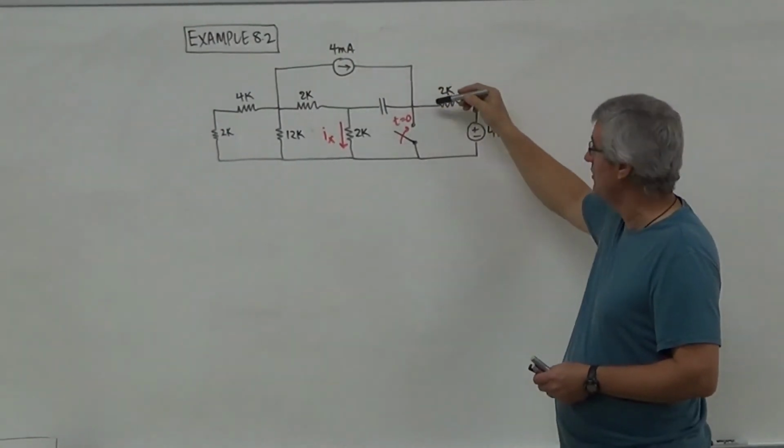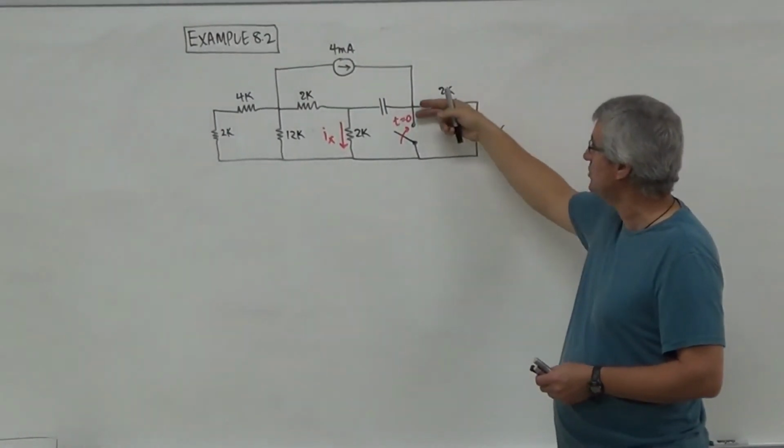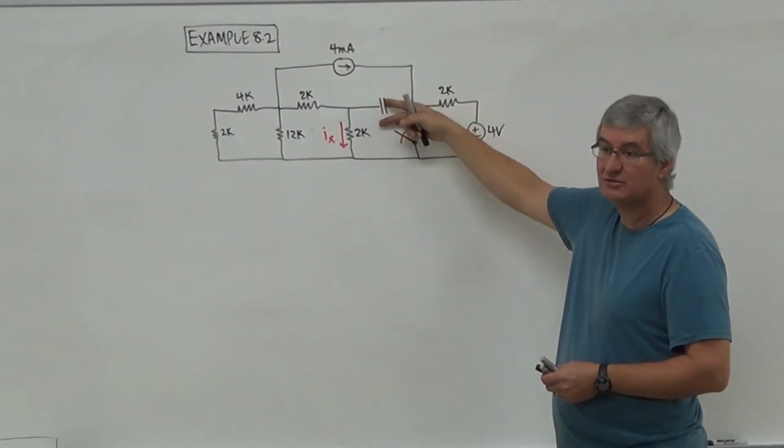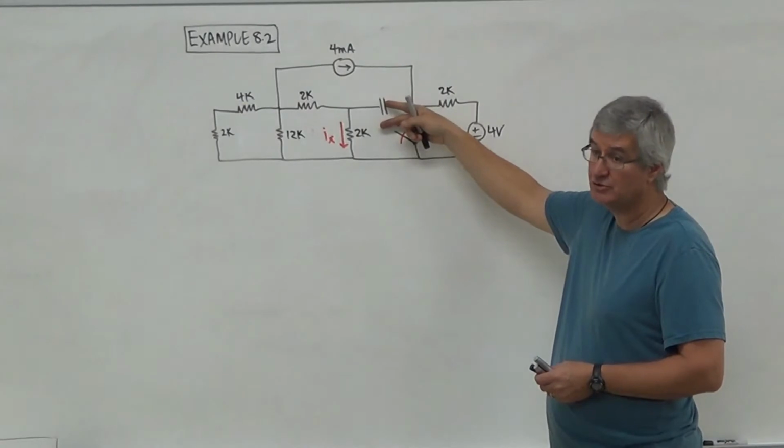And so I don't know the direction of the current, but I would probably guess that the current is coming up this way into that node. So if it's coming into that node, that is definitely coming into this node. So I could see two sources now are feeding that capacitor, charging it up.